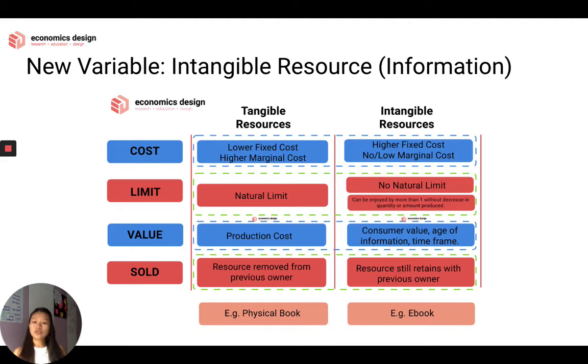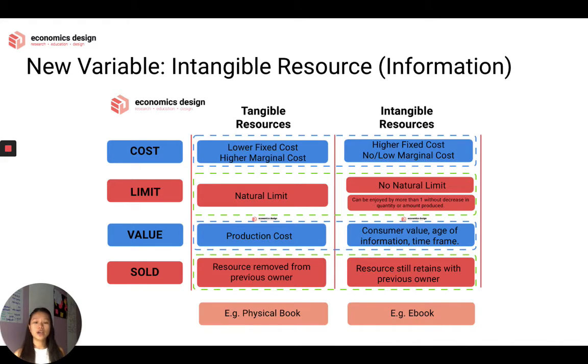With tangible resources, you have a higher marginal cost compared to intangible resources, because to produce an additional plate of gyoza, maybe it's 50 cents, whereas to send the same video to share it with someone else, it's basically free. I just have to copy and paste the gyoza recipe link and send it to my friend.